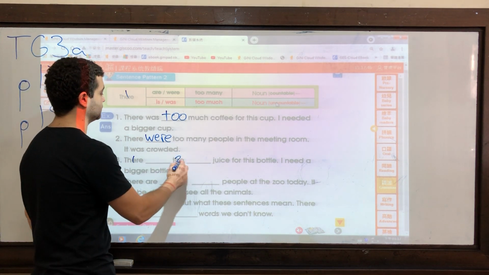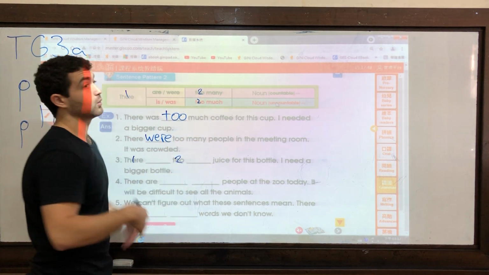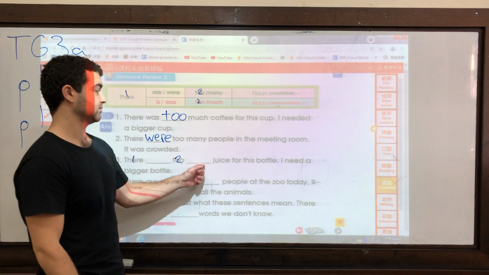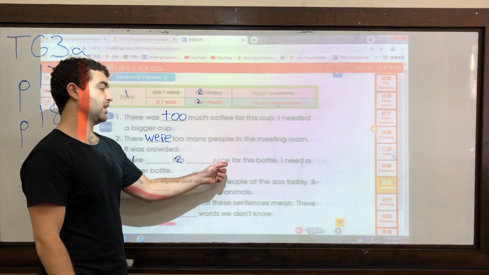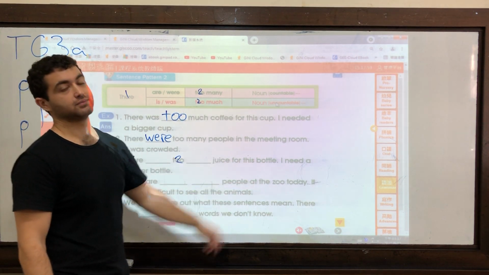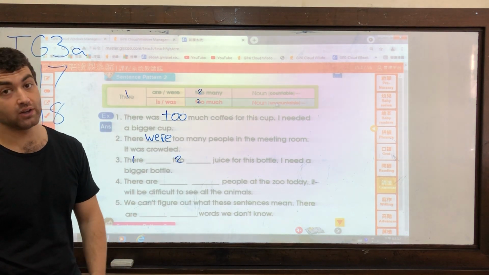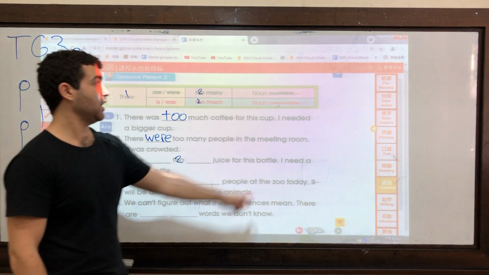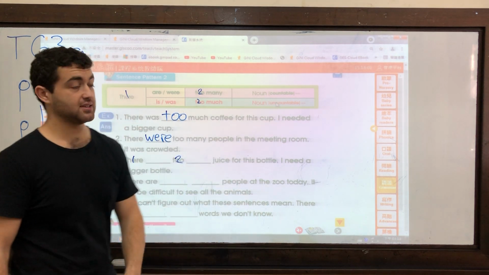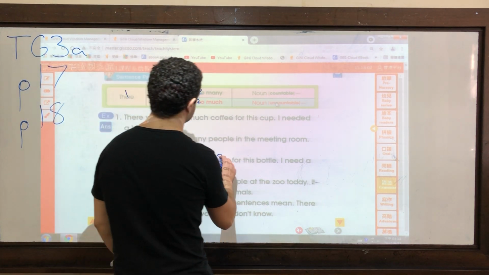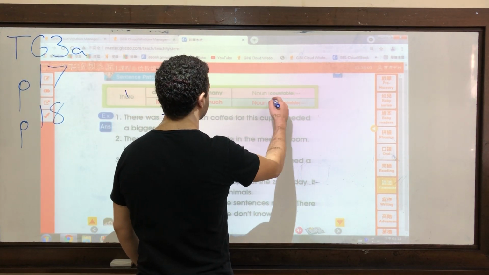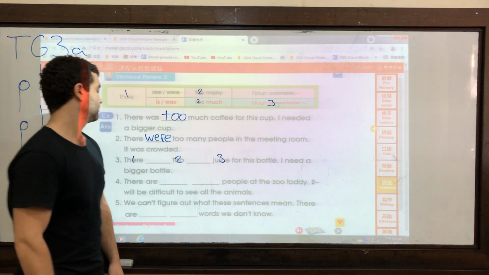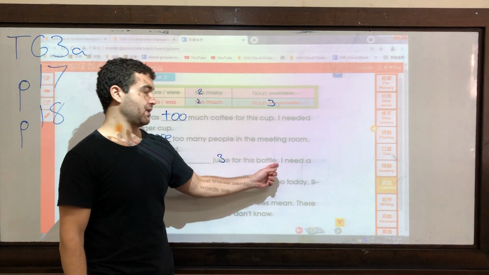2. We still don't know. We don't know what this is. Juice for the bottle. So juice is an uncountable noun. So we know it's going to be the second sentence pattern. Juice for this bottle.